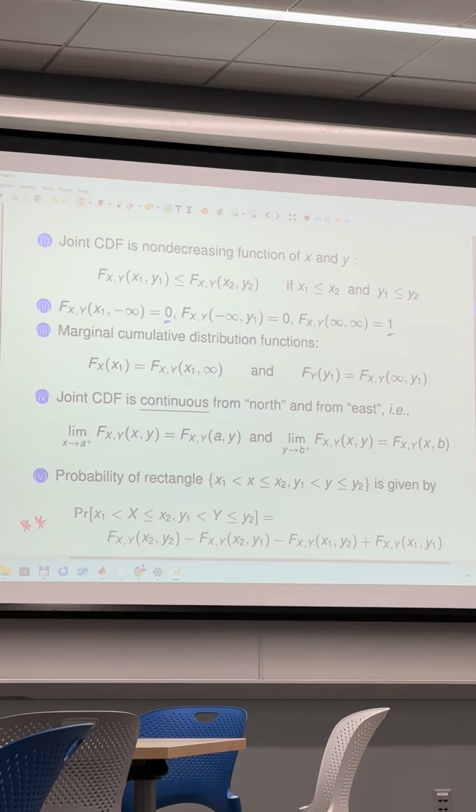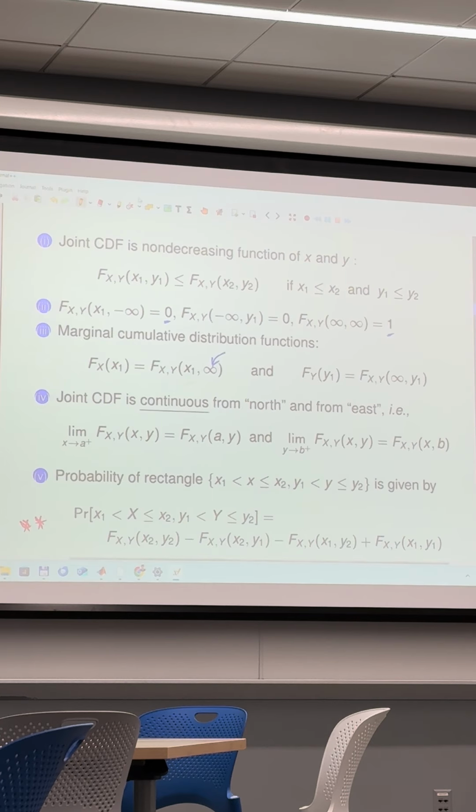And the marginal cumulative distribution function you extract from the joint CDF. To determine the marginal CDF of random variable x, pass y as infinity. When you determine the marginal CDF of random variable y, make x of the joint CDF infinity.